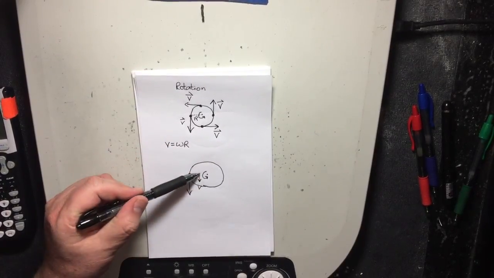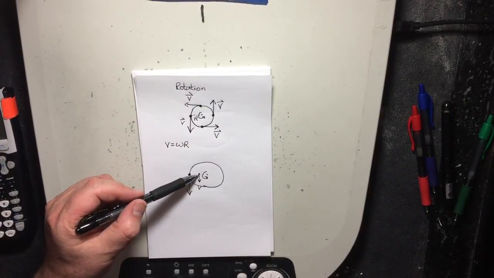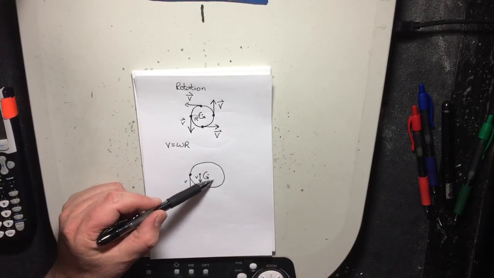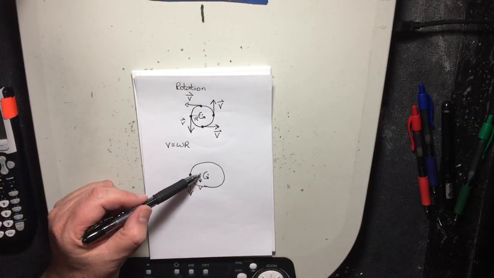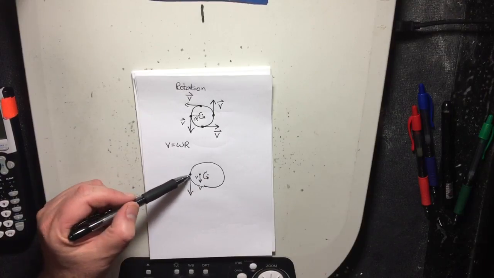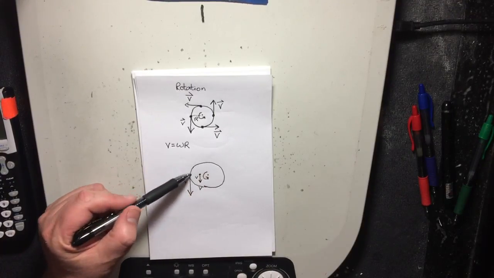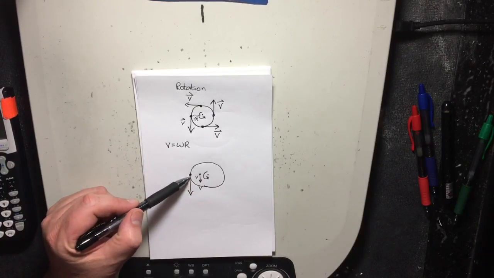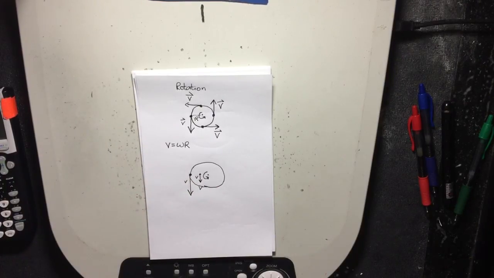The point at the middle, or towards the middle, has less distance to move around in. So in the time that it makes one orbit, that has to make the same orbit. It has further ground to travel, so it has a higher velocity. You just got to start reasoning this stuff out.